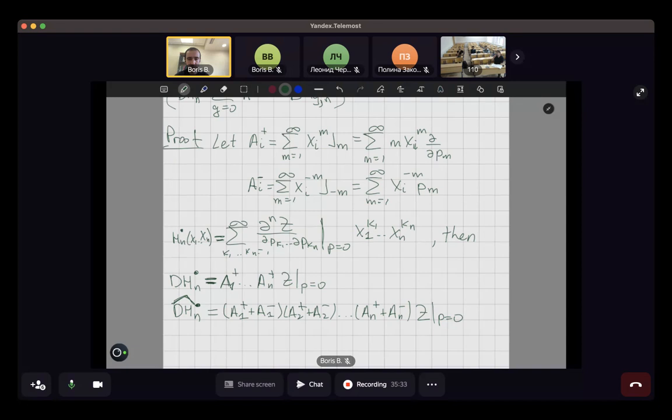Маленький вопрос, как U с крышкой может отличаться от U? So any ideas? What will be the difference between this guy and with the hat?